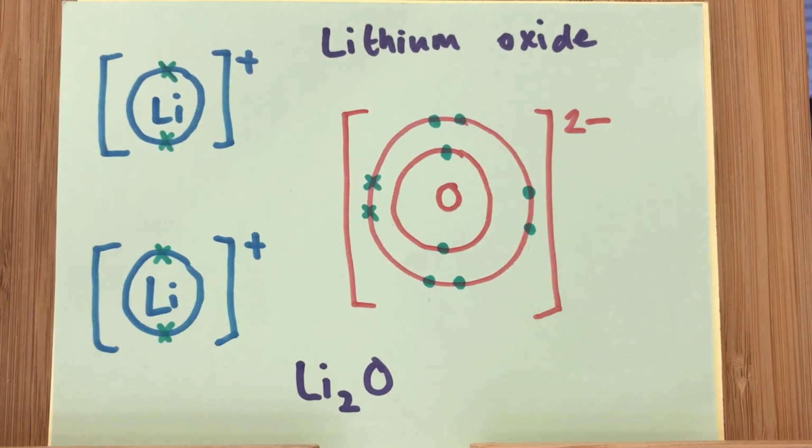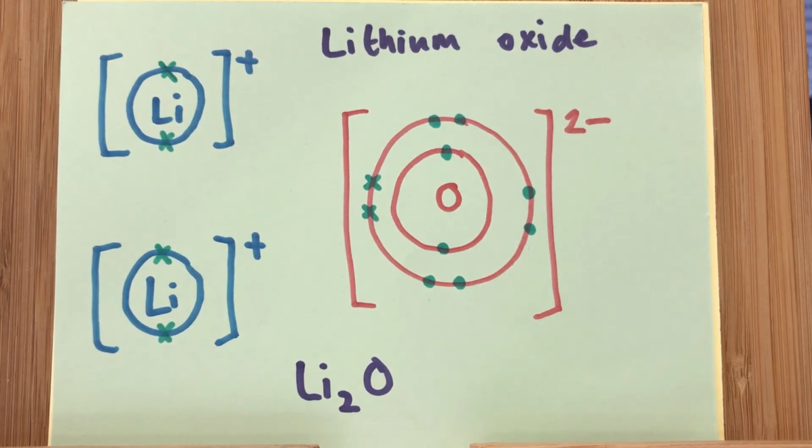The other one comes from another lithium atom. So effectively 2 lithium atoms help out the one oxygen atom, creating lithium oxide, which is Li2O. So the 2 is saying there are 2 lithium atoms involved, and there's no number after the oxygen, so it's just one oxygen. Li2O.